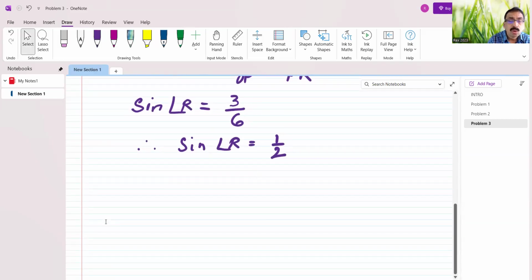Now, what angle measure of sine will give you a value of 1 by 2? Going back to the table, if you need to look at the table, please do so and you will get an answer of 30 degrees. But by this time, these values should be in your mind. You shouldn't have to look at the table, especially for values that commonly come up in questions.